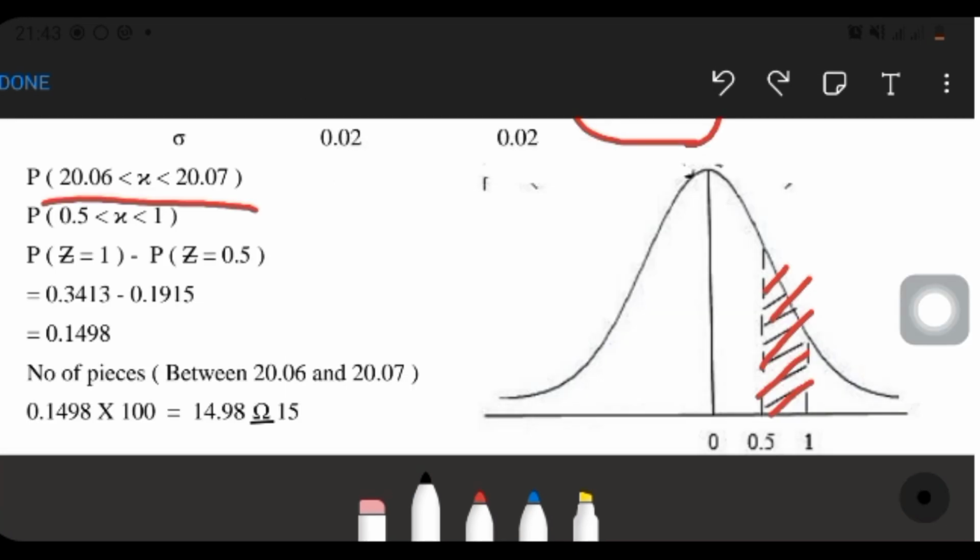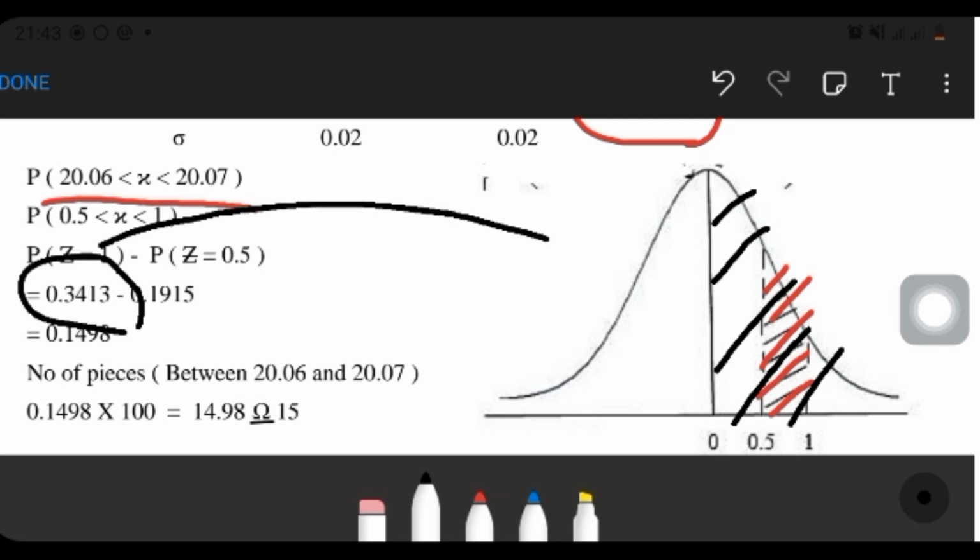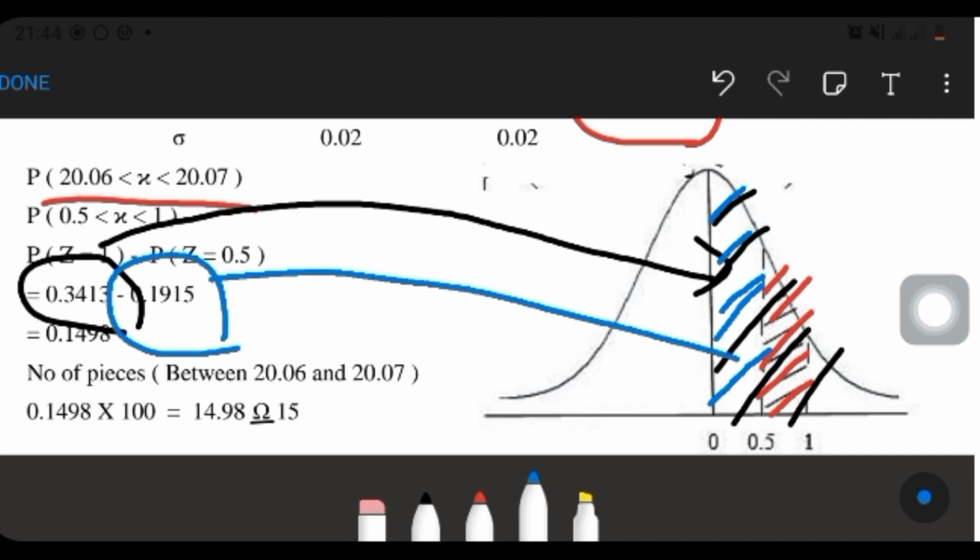Then after subtracting the table value from 0 to 1 and 0 to 0.5, we can get the value from 0.5 to 1. That means we have already taken this part's value. 0.413 is the value of this part. And we have already got this part too. 0.1915 is the value of this part.